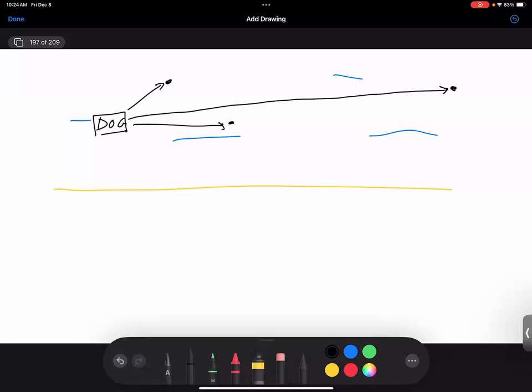So what might the dog do that's not locally optimal? Can someone give me another path that the dog might take? The dog could go straight across. So what does straight across mean?